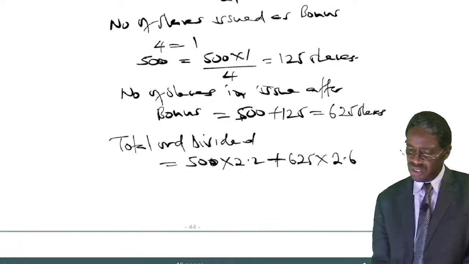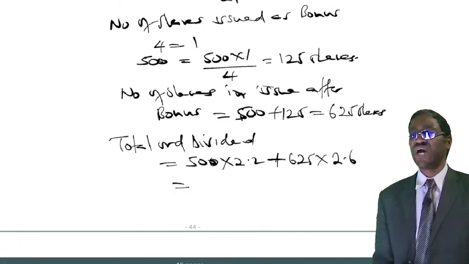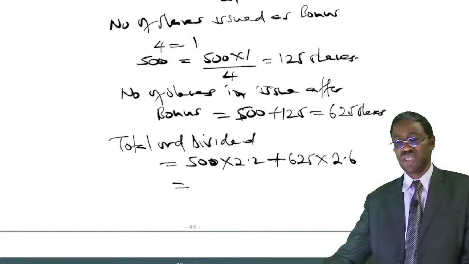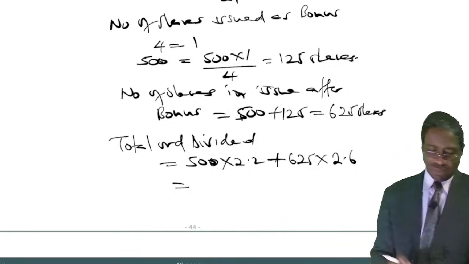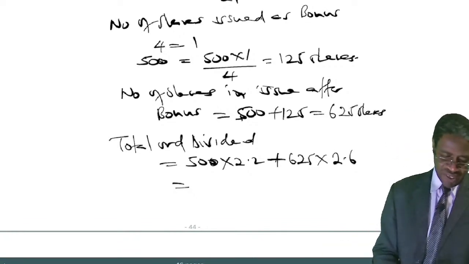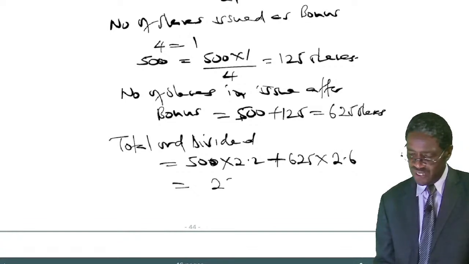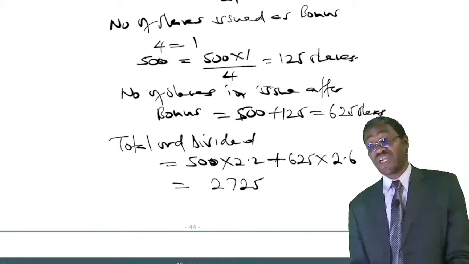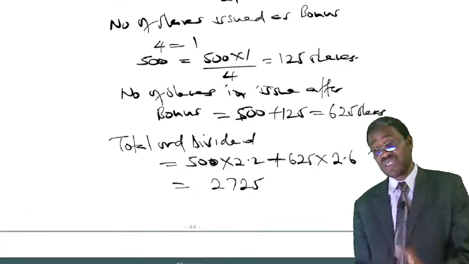So in total, what will be the amount of the dividend? It will be 500,000 times 2.2 plus 625,000 times 2.6. That looks like a total dividend of 27.25. Good.